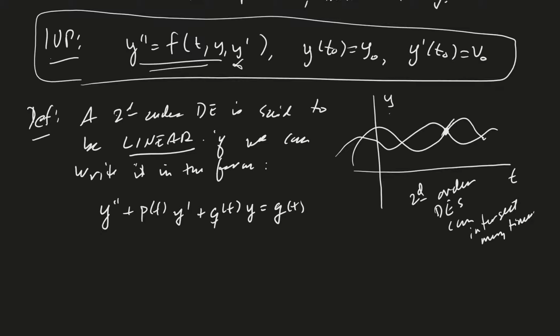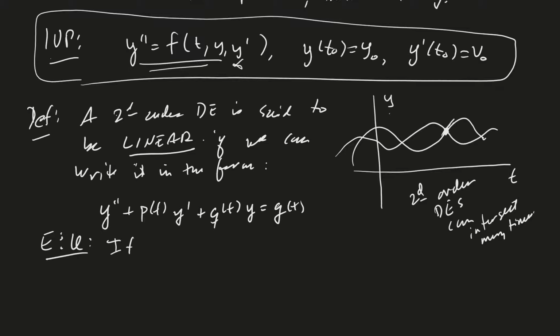Okay, and so this is very similar to the first order, right? So the existence and uniqueness theorem is almost identical for a linear second order differential equation as it is for the first.